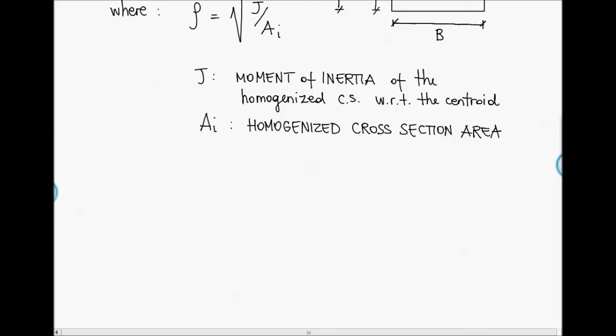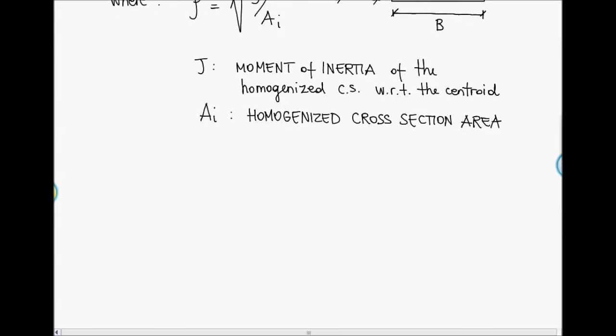So for our rectangular cross-section, ρ is equal to the square root of J over A. It is b h cubed over 12, that is the moment of inertia with respect to the centroid, to the power of 1/2, since we are inside the square root. The area of the cross-section is, of course, b by h. So ρ is equal to h over the square root of 12.